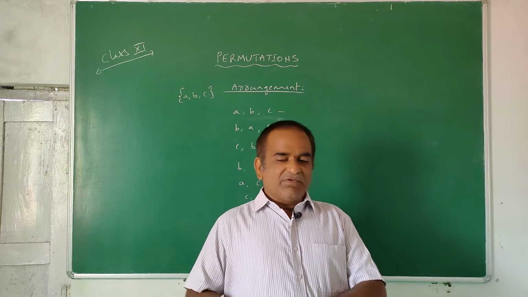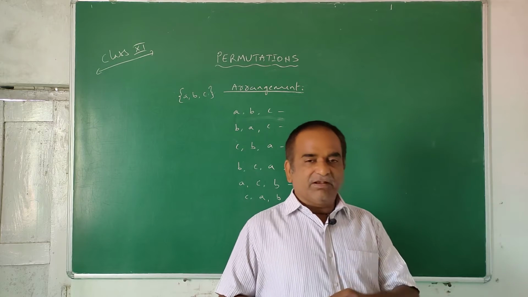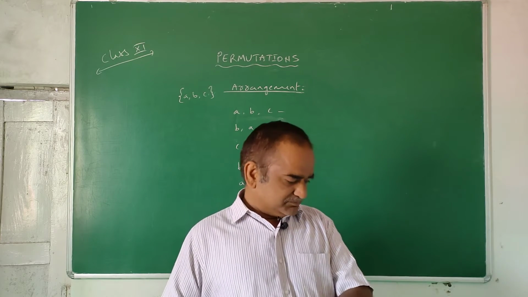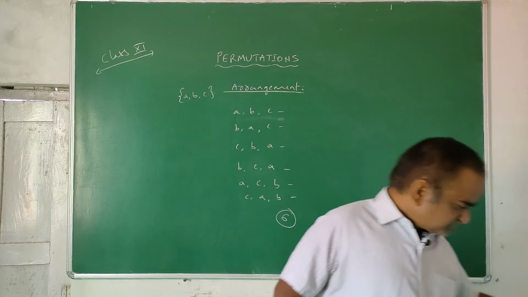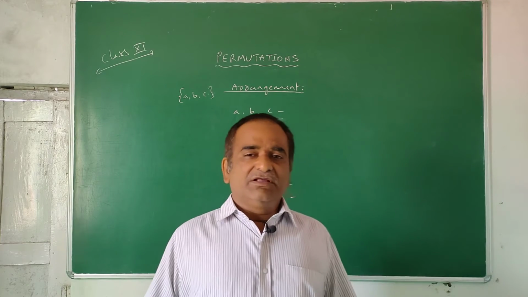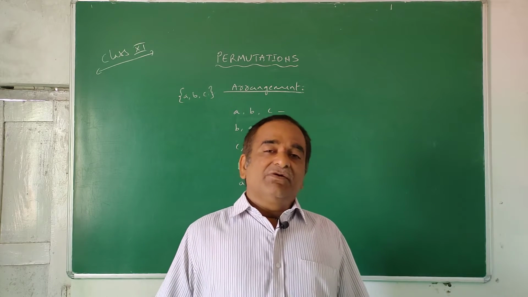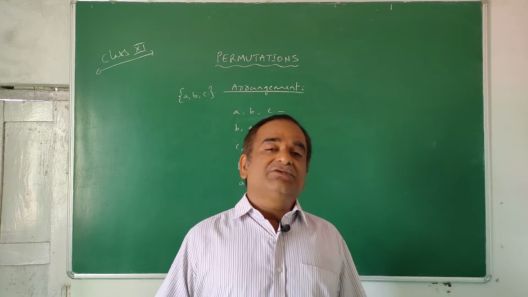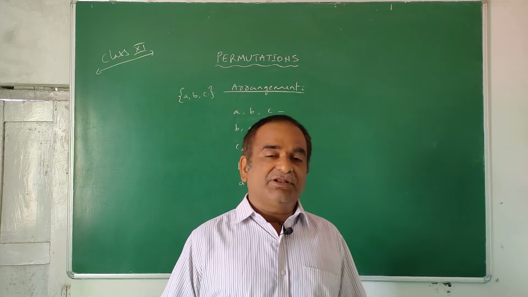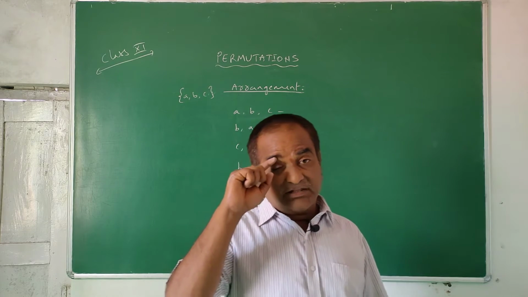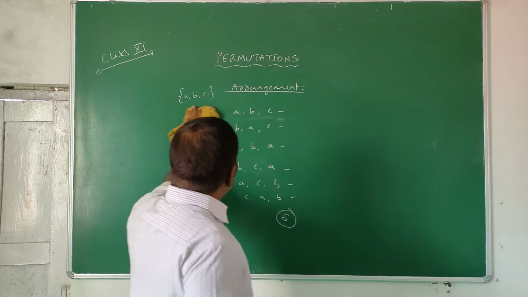Then we have to go for a principle, a theorem, which gives you the number of permutations, using which you can calculate the number of permutations without actually writing them. Understood?